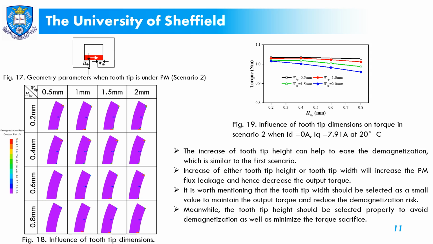It is worth mentioning that tooth tip width should be selected as a small value to maintain the output torque and reduce the demagnetization risk. Meanwhile, the tooth tip height should be selected properly to avoid demagnetization as well as minimizing the torque sacrifice.